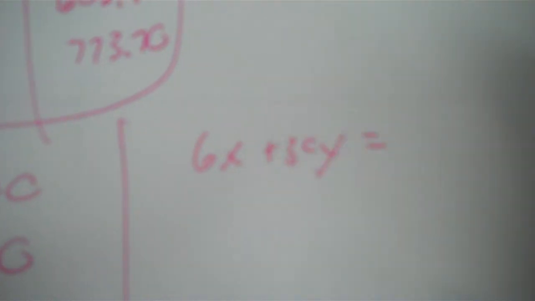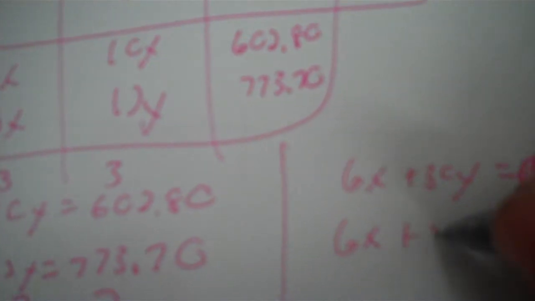So 6X plus 30Y, okay, it's going to be $1,808.40, and then the bottom is 6X plus 24Y, and then 773.70 times 2 is 1547.40.